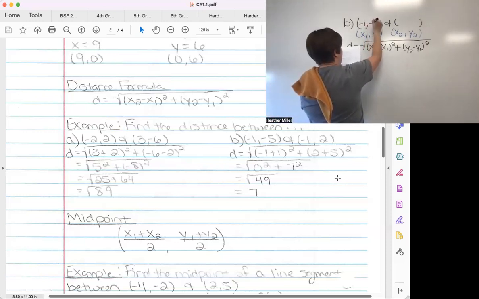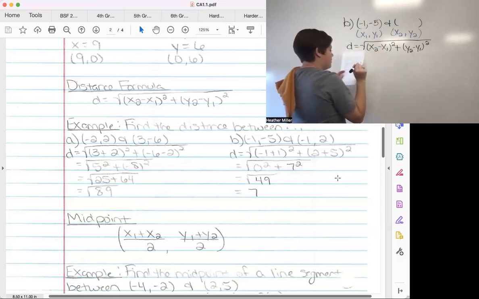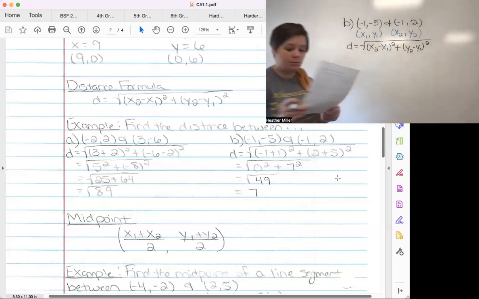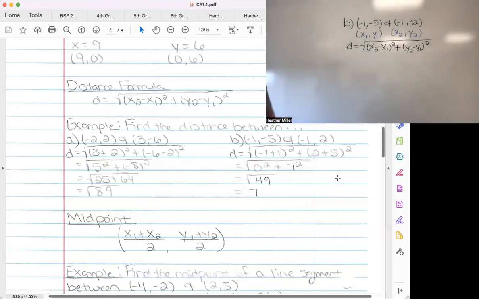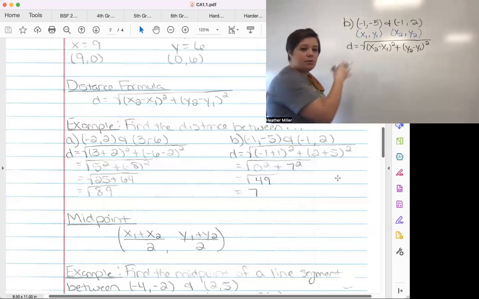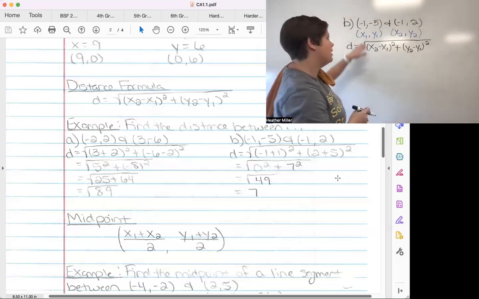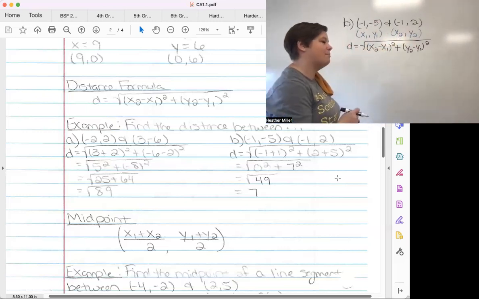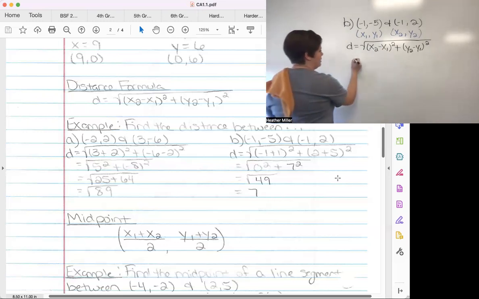So for B, we have -1, -5 as our point, and -1, 2 as our second point. Again, I kind of left up the rubric of our last problem in that my first pair is already ordered x1, y1, second one is x2, y2, and I already have my distance formula written down.